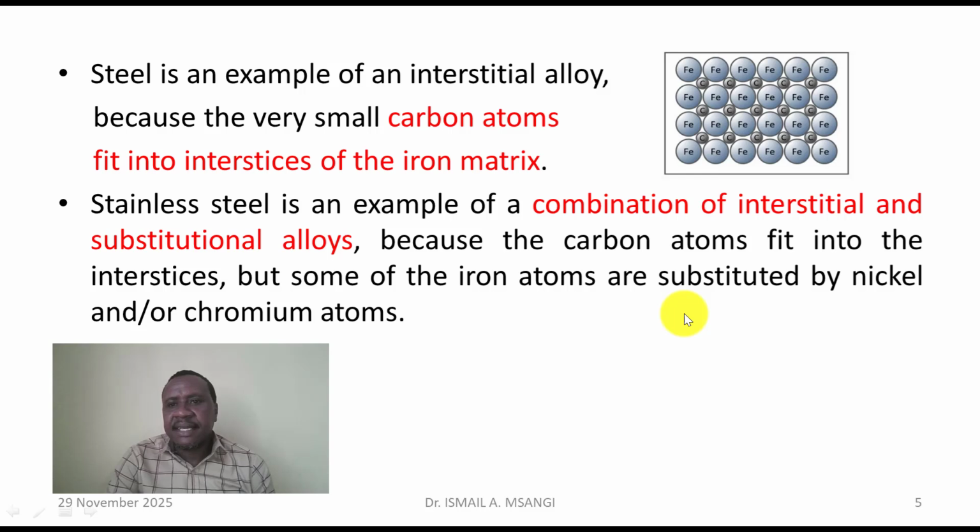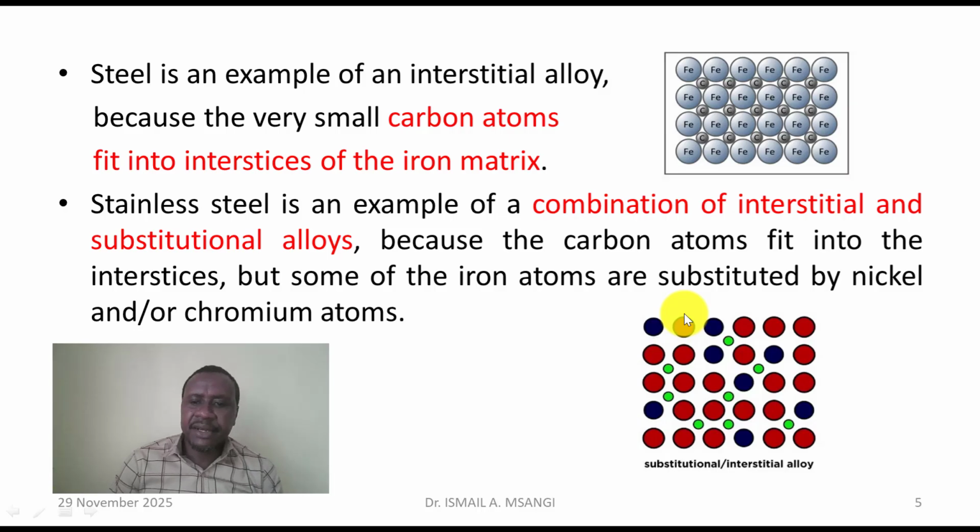And a good example of this situation is the formation of stainless steel, where some of the iron atoms are replaced by nickel and carbon atoms are trapped at the interstices of the matrix.